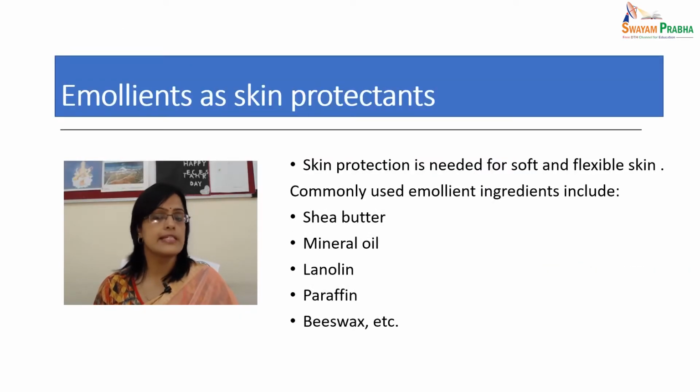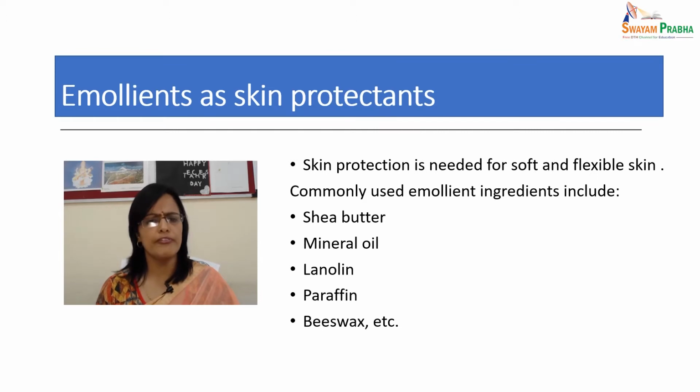Emollients as skin protectants. Emollients are going to protect your skin. Whenever skin protection is needed for soft and flexible skin, it requires a water content between 10 to 15%.